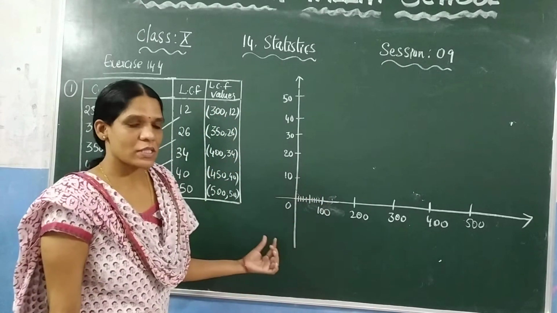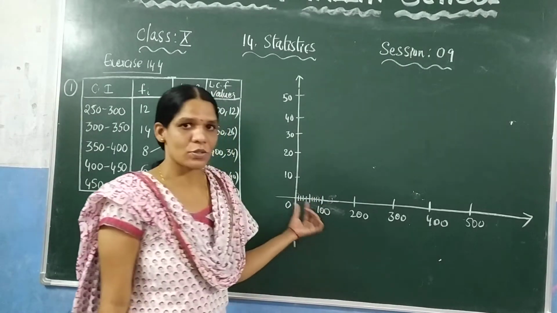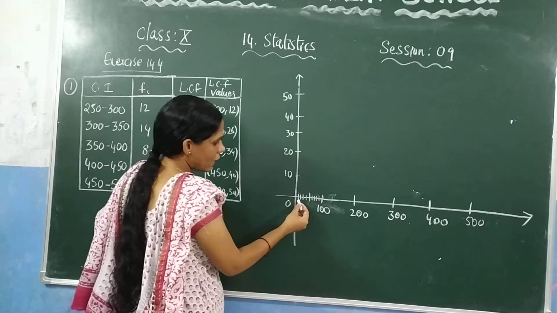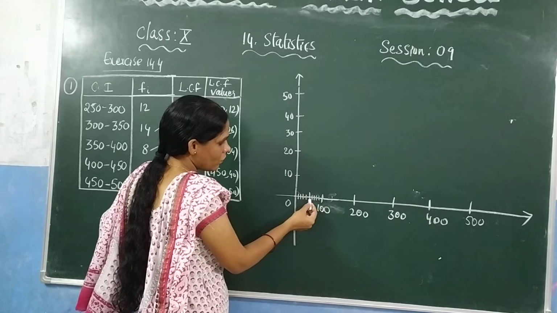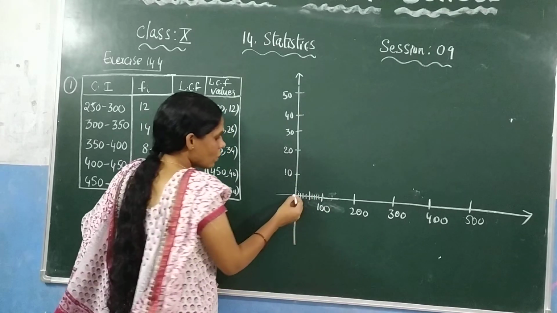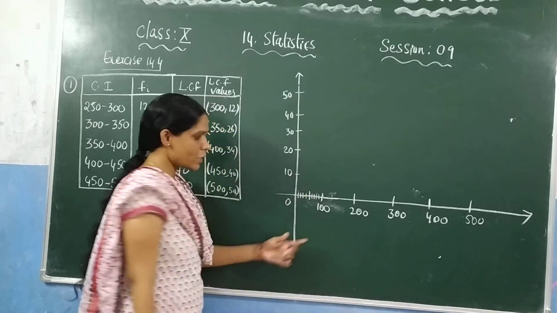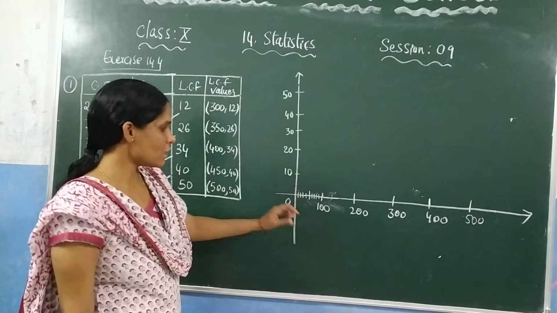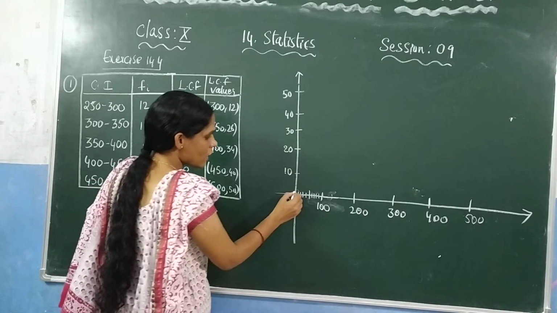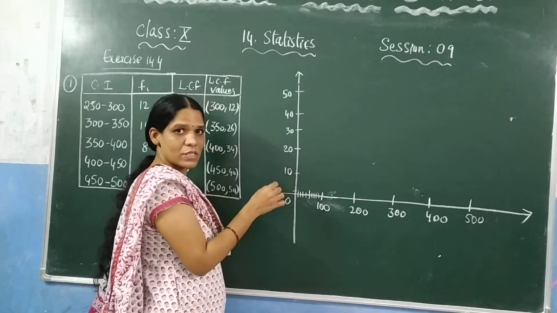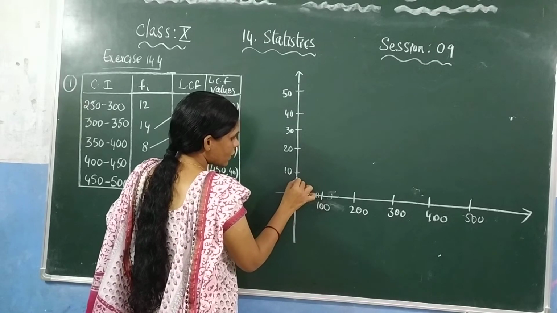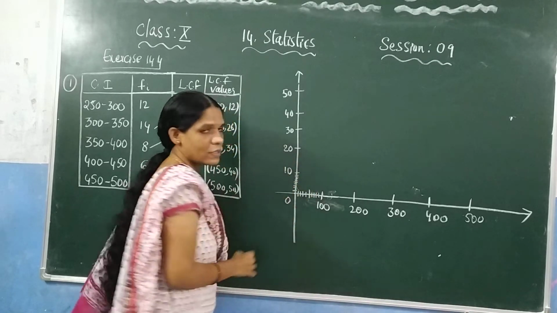So each unit is how much? Since it is 100, each unit will be 100 by 10, which gives you 10. You can check it here: 10, 20, 30, 40, 50, 60, 70, 80, 90, 100. If you want to know each length, you just need to divide this value by 10. So each value here, 10 by 10, gives you 1, right? 1, 2, 3, 4, 5, 6, 7, 8, 9, 10, like that.